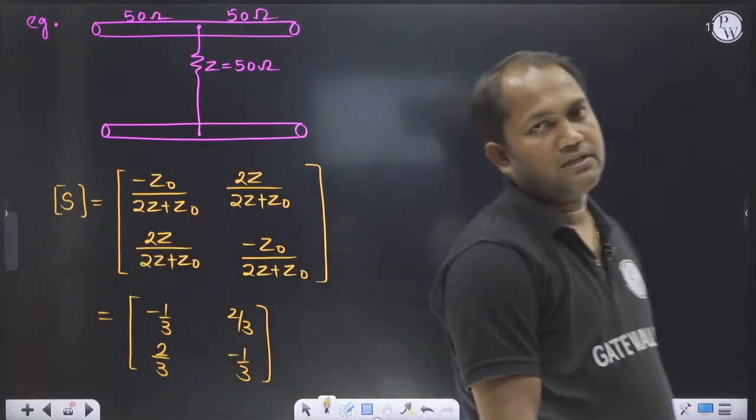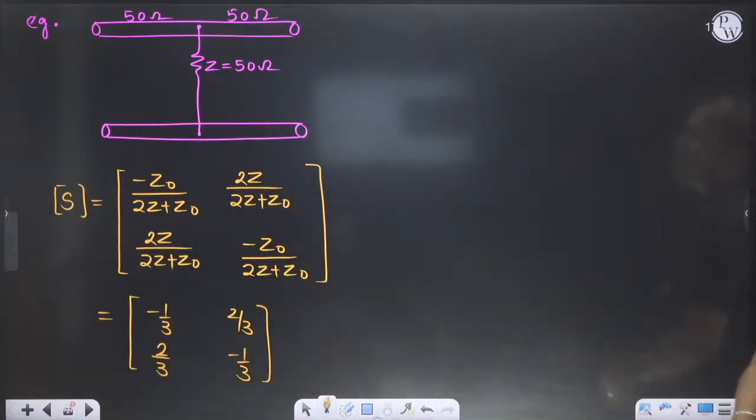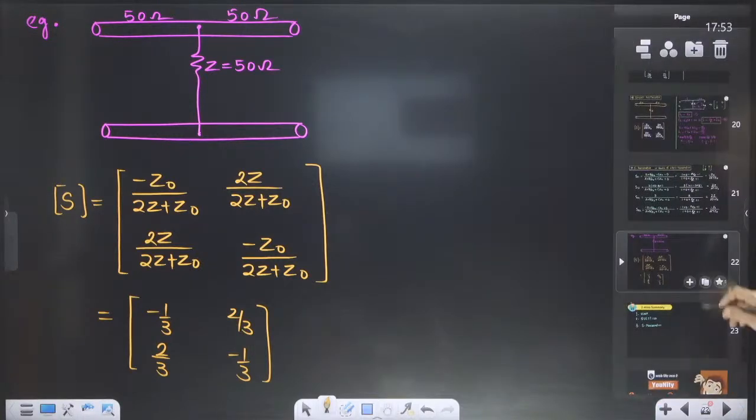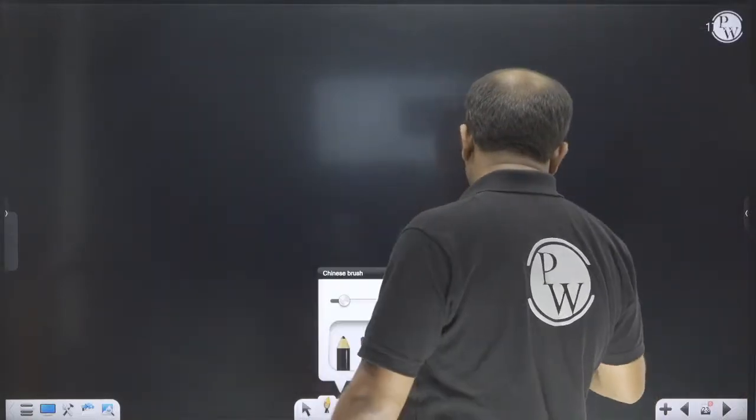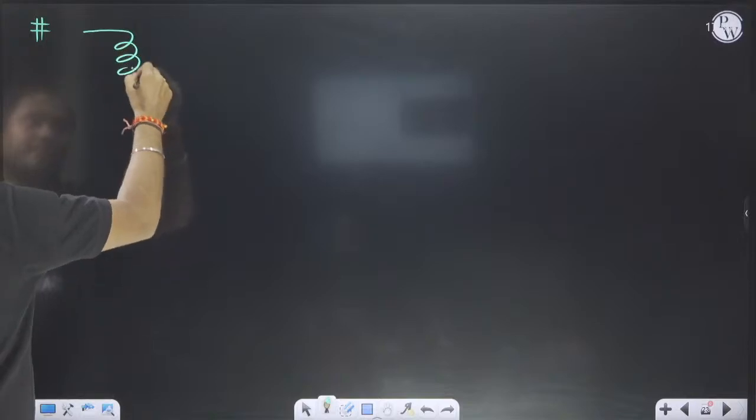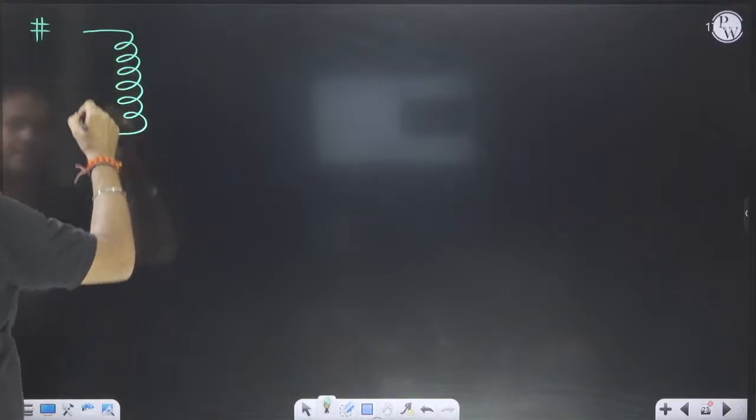They have asked a formula based question. It is very easy to find the S parameter. Then one question was also asked for a two-port network, which means a transformer. They have asked the question for a transformer.